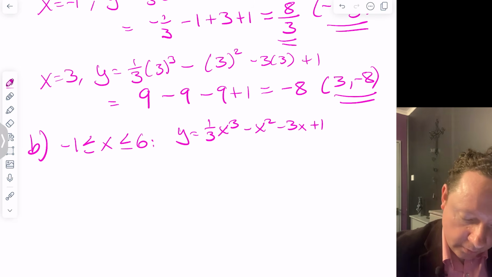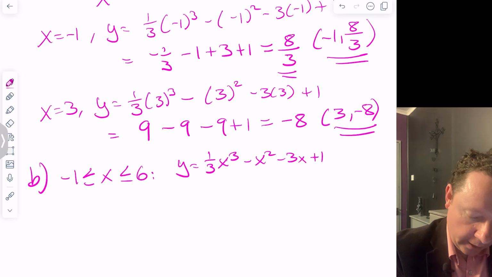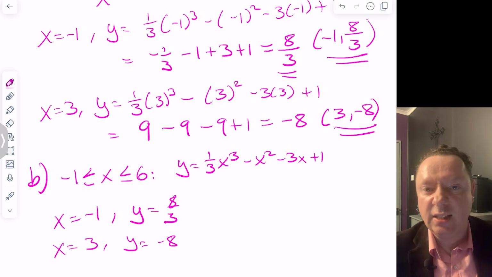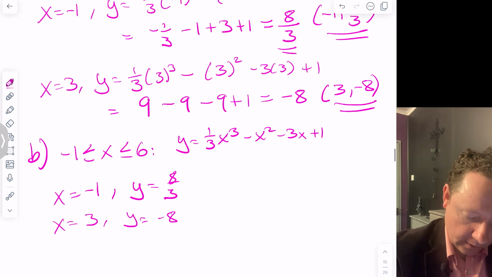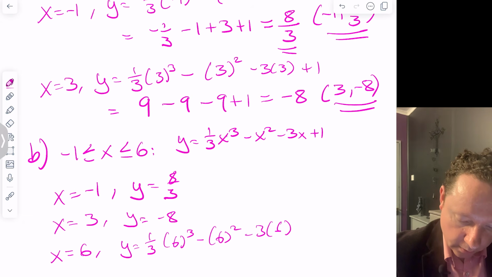Now, one of the turning points is already minus 1, so we've already checked minus 1. So when x equals minus 1, we can already say that y is 8/3. We've already got 3 for our turning point. When x is 3, y is minus 8. So now we just need to check 6 to see if that one is bigger or smaller. So when x equals 6, y is 1/3 times 6 cubed, minus 6 squared, minus 3 6s, plus 1.